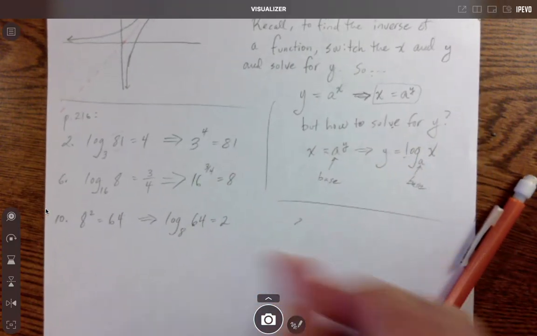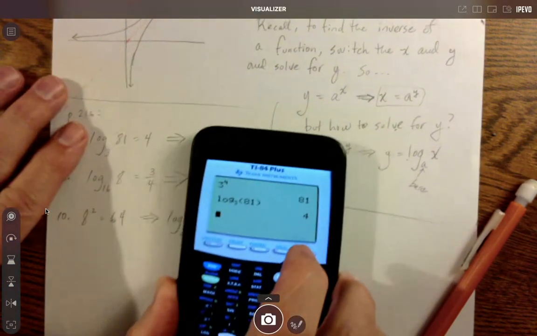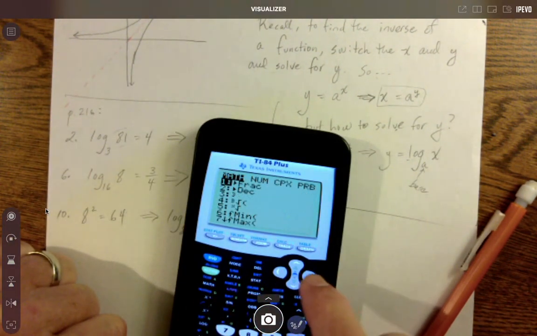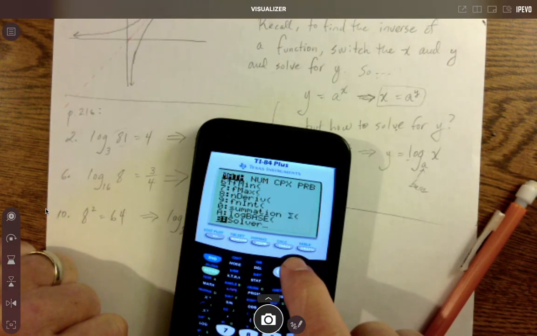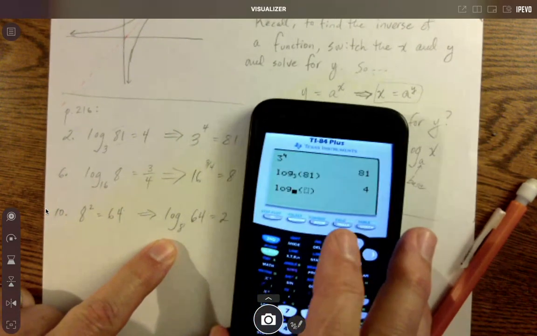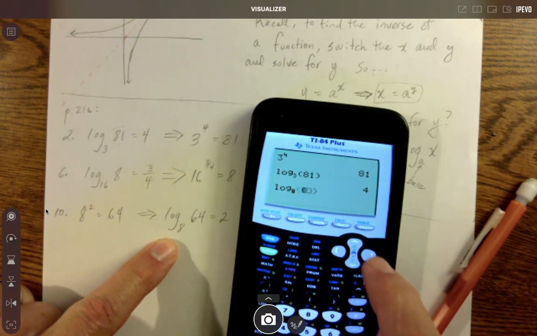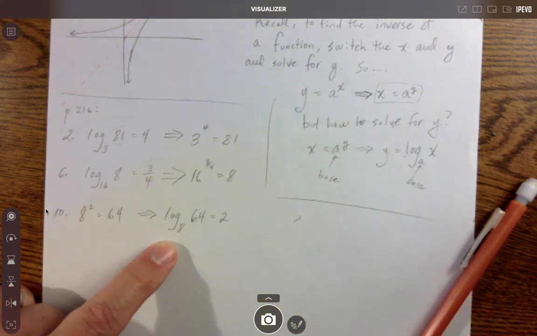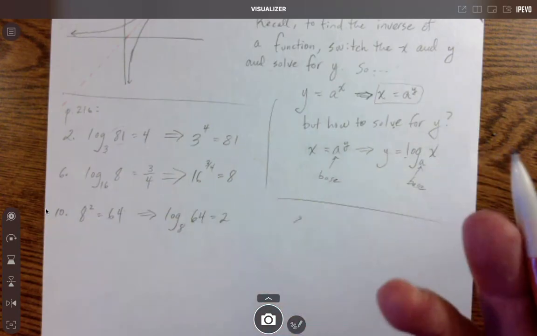Log base 8 of 64 is 2. And let's see if I can make that happen. I went to math and I went straight up to part A here. So log base 8 of 64 should be 2. And it is. All right, and that's it.